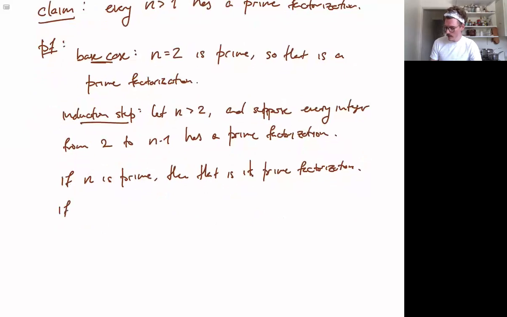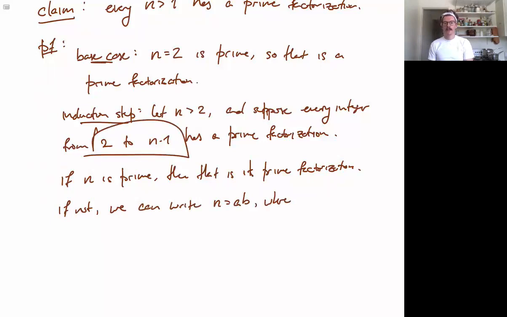And if not, we can write it as a product of two numbers. And these two numbers will be in the range of our induction hypothesis.